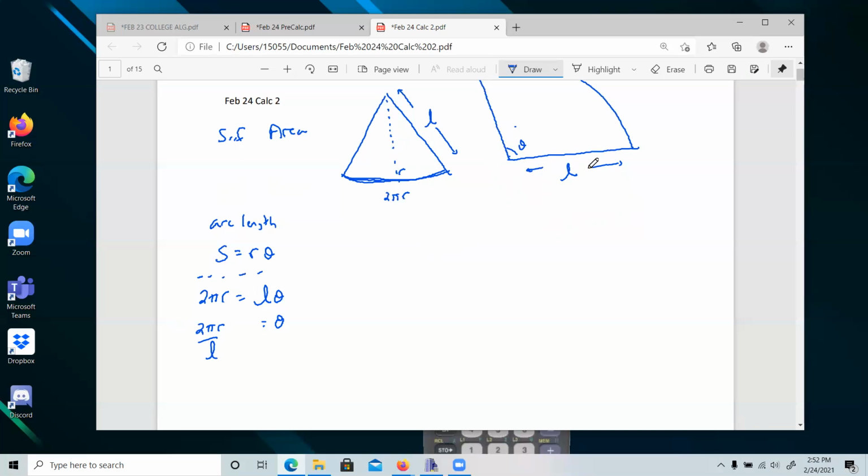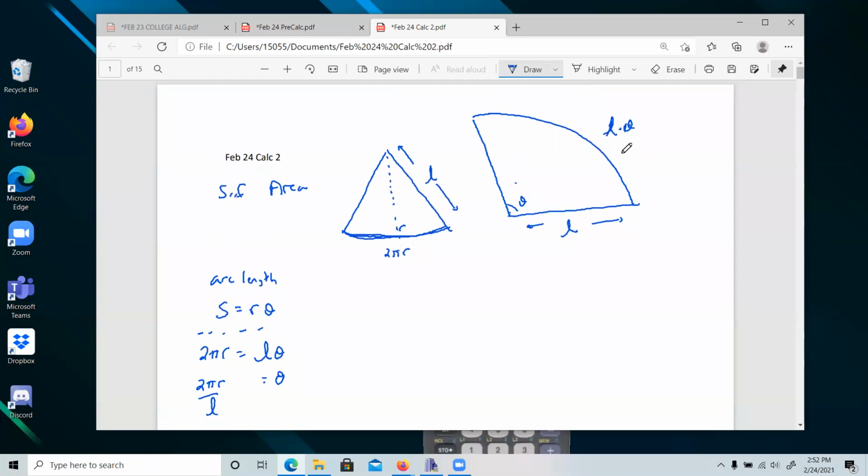Usually we call this R, even though it's L now, and we usually call this something else, like L, and now it's R. So this is 2 pi r, and here we have L.